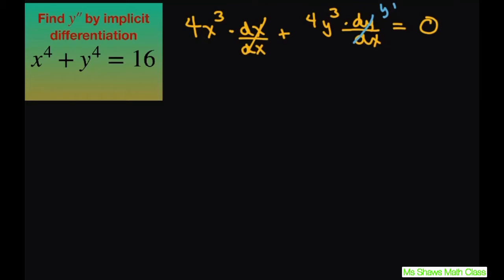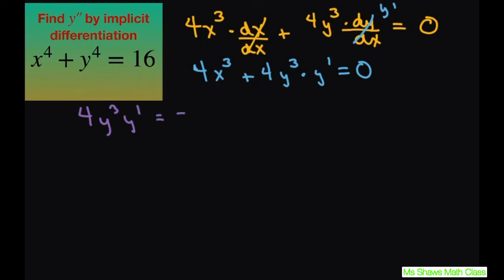All right, so now we have 4x cubed plus 4y cubed times y prime equals 0. Now we just solve for y prime. So you get 4y cubed y prime equals negative 4x cubed.